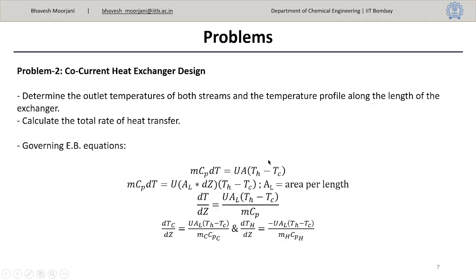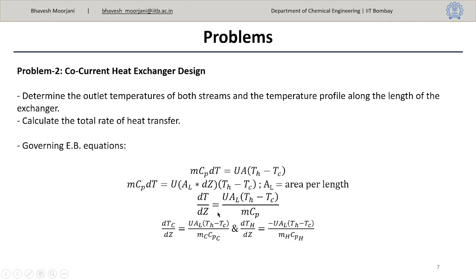But if I consider the smaller element, the heat transferred from hot to cold fluid will be equal to UA (TH minus TC), where TH is the instantaneous hot fluid temperature and TC is the instantaneous cold fluid temperature. You expand area into AL into dz, so that I can find dT by dz as U AL (TH minus TC) divided by mCp.